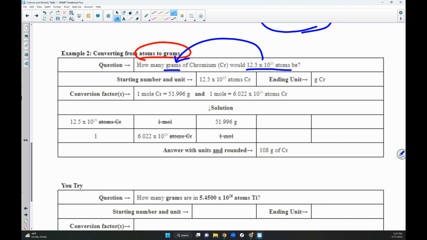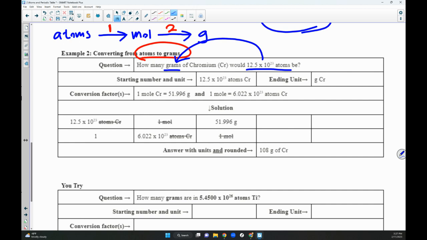Again, it's really important that you are clear about what you're trying to do. So now I'm going to map that out up here. We're beginning with atoms, and we're going to convert to moles, and then we're going to convert to grams. So step 1 is atoms to moles, and then step 2 is moles to grams.